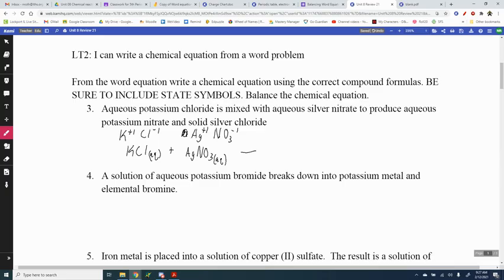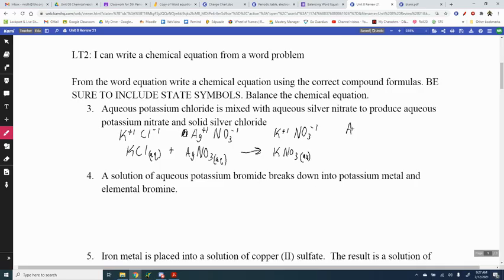To produce is our arrow. Potassium nitrate: K is still +1, nitrate is still NO3 -1, so that's KNO3, and that is aqueous. It's not a very good aq, but you get the idea. And solid silver chloride.